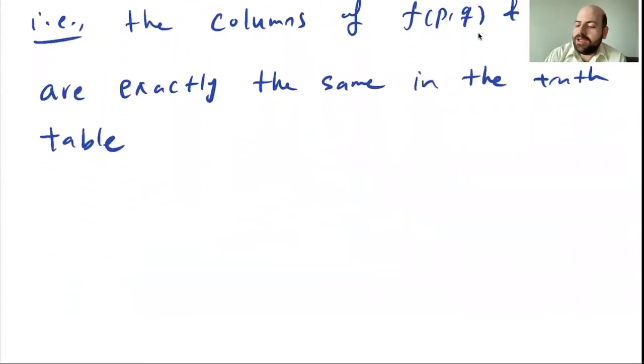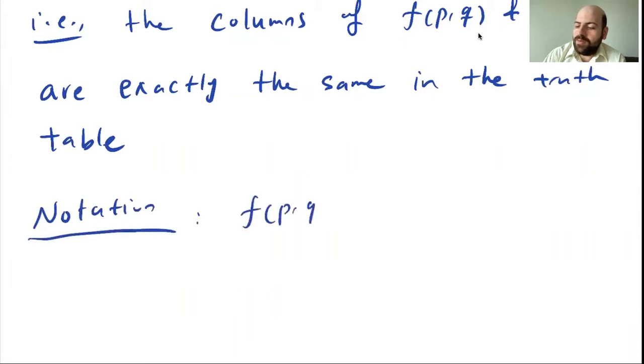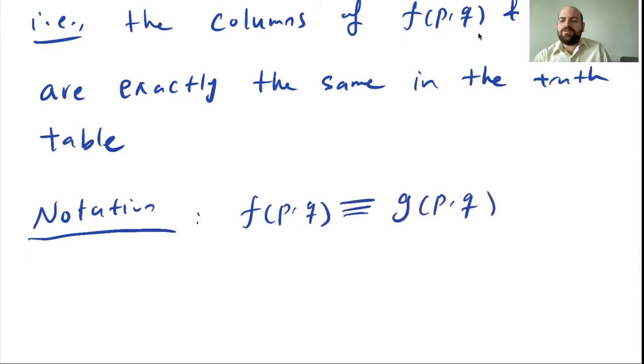And the notation is f of p and q equivalent with g of p and q. I hope that this notation of f of p and q is not confusing.